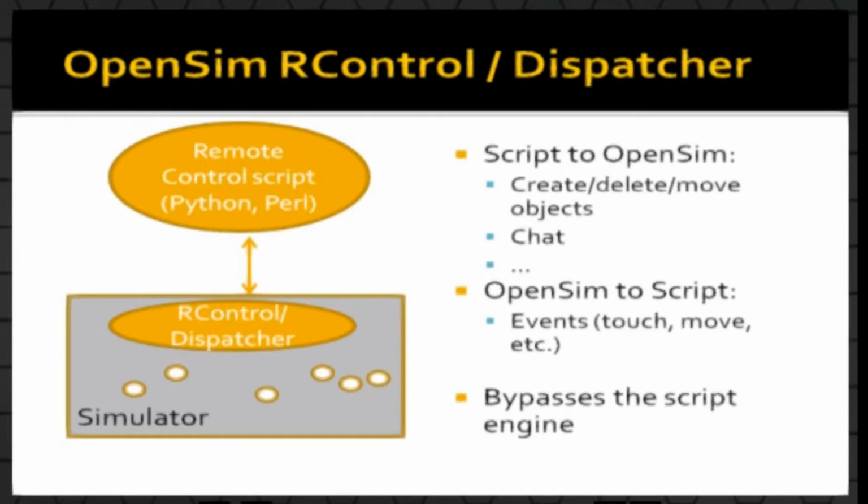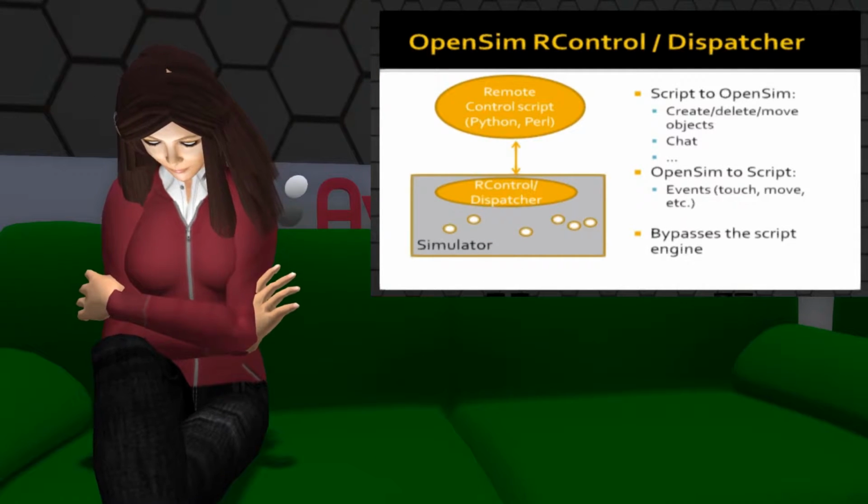These are very generic interfaces both for controlling the objects in the scene and for sending events back out. So if certain events happen to the objects, for example somebody moves them or touches them, it is possible for these external applications to get notified so that they can react appropriately. That's the part that lives in OpenSimulator.